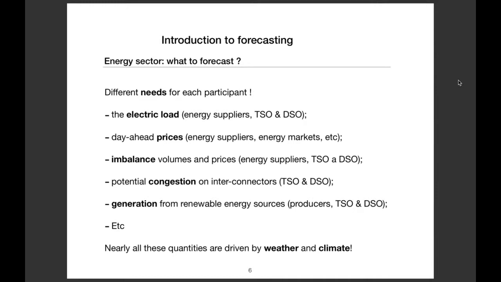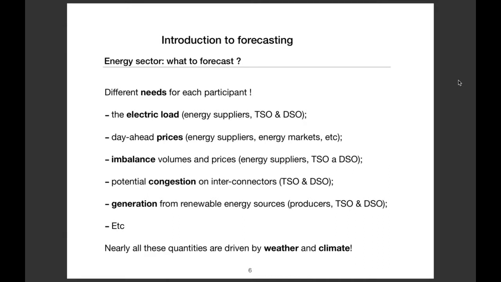Energy suppliers and energy markets could find it interesting to have, for instance, daily forecasts of electricity prices. For the energy supplier, it is interesting to have this forecast because like that they know in advance how much energy they could purchase and at which price.